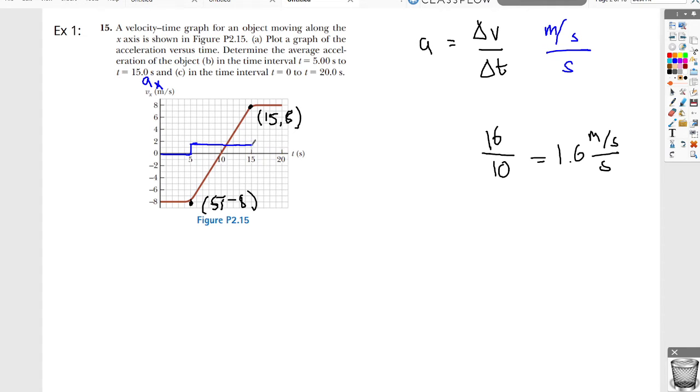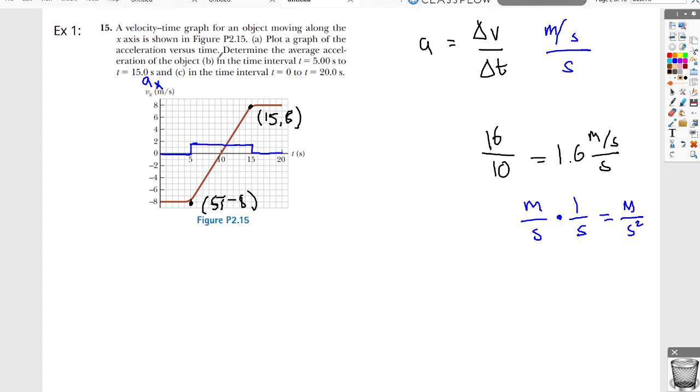And I'm gonna stop saying meters per second per second because in physics we just simplify it to meters per second times 1 over second, which is meters per second squared. So it's 1.6 meters per second squared. It's changing at 1.6 meters per second every second. That's the definition of acceleration, speeding up or slowing down.